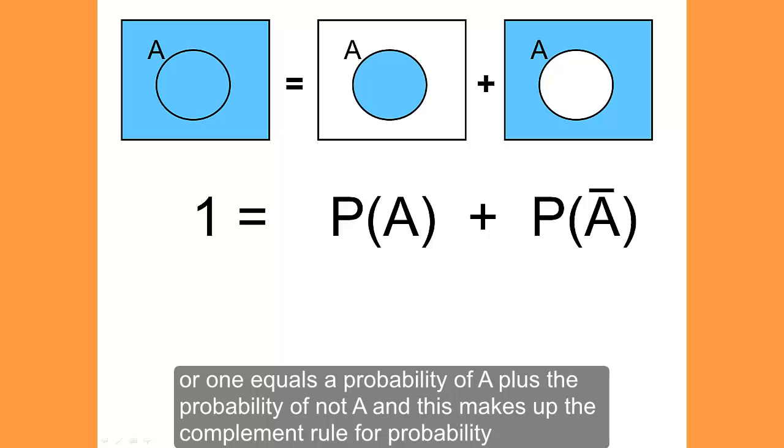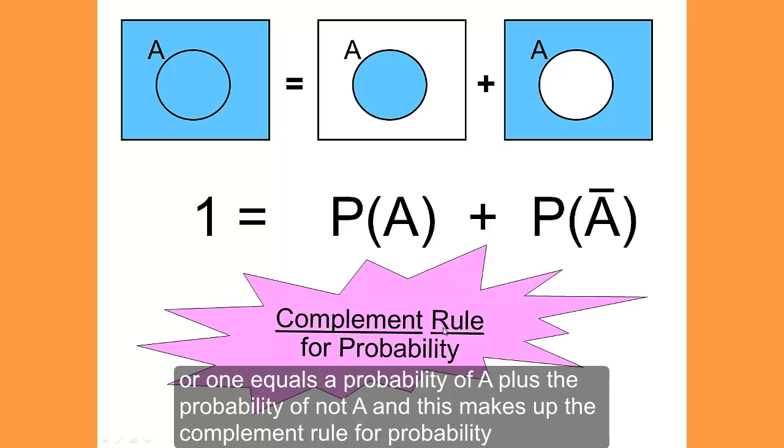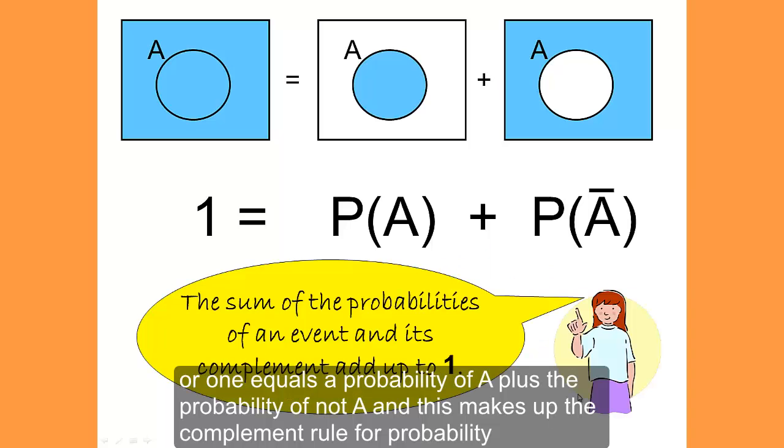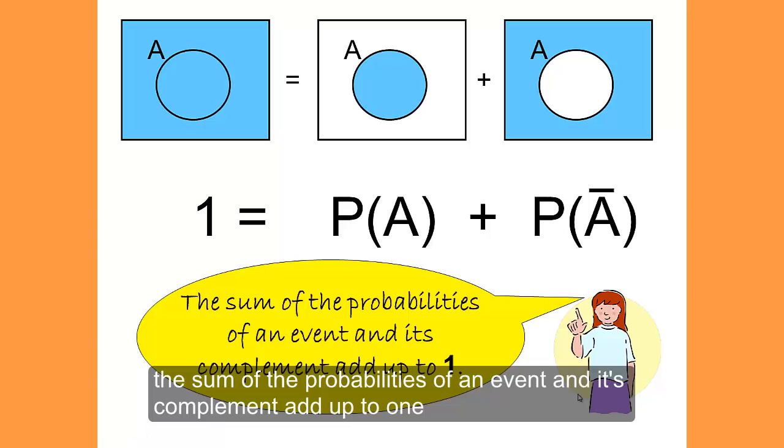Or 1 equals the probability of A plus the probability of not A. And this makes up the complement rule for probability. The sum of the probabilities of an event and its complement add up to 1.